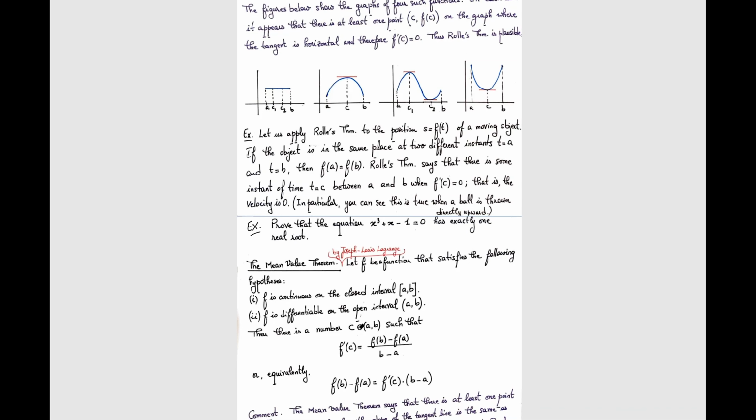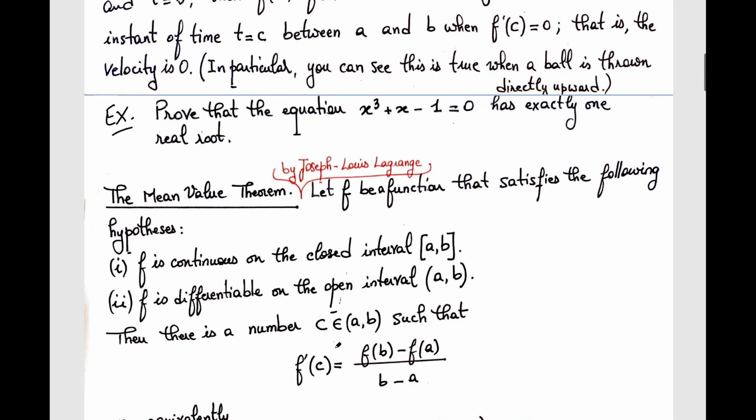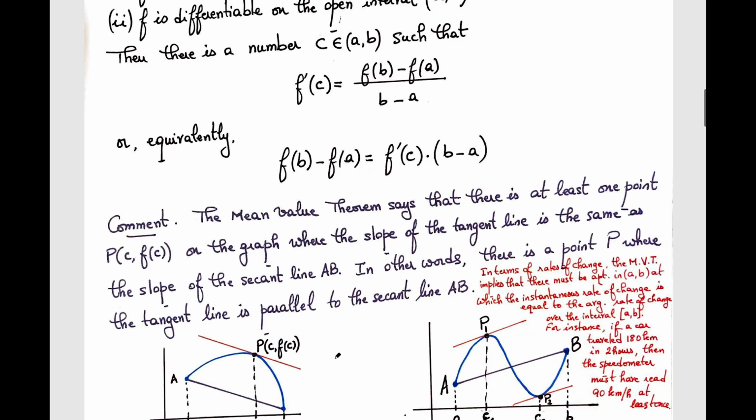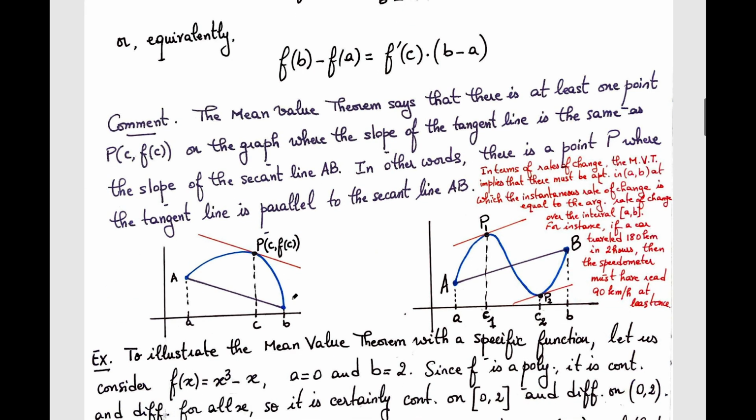They don't tell you how to find that number that the conclusion is alluding to, and they don't tell you how many of these points the function exhibits. All these theorems only tell you the existence of such a thing.